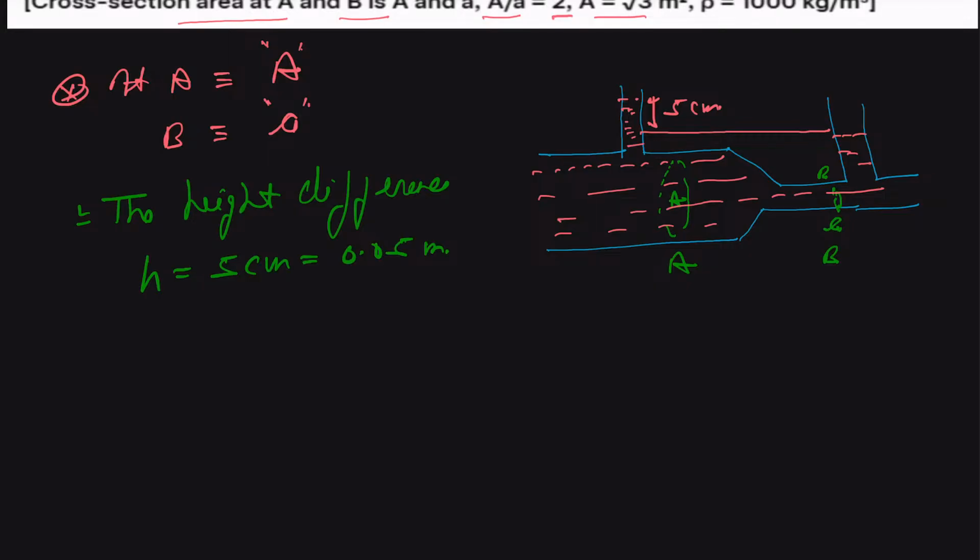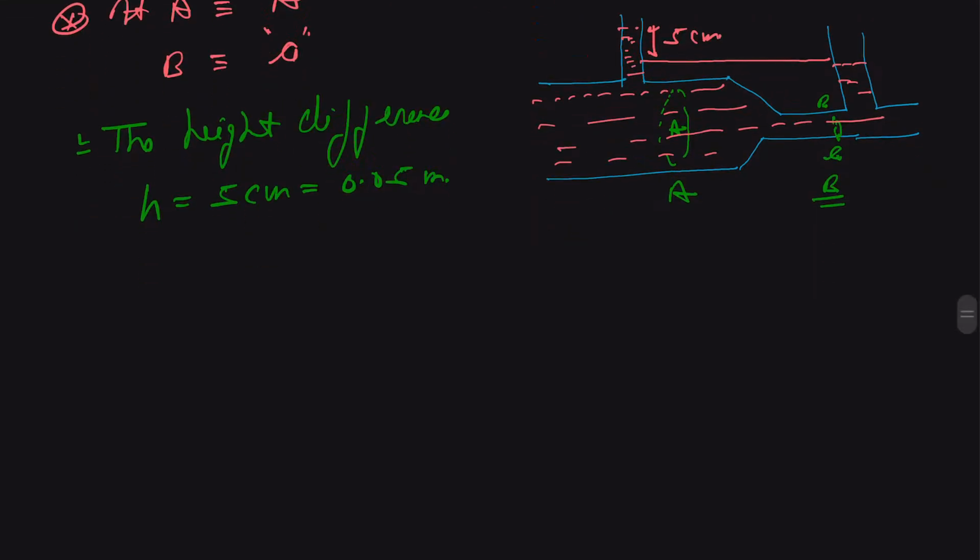So first of all, let's find out the area at B, that is small a. The area at the throat, area at B, which is small a, is capital A divided by 2, which comes as root 3 by 2. And then we can use the pressure difference from the manometer.